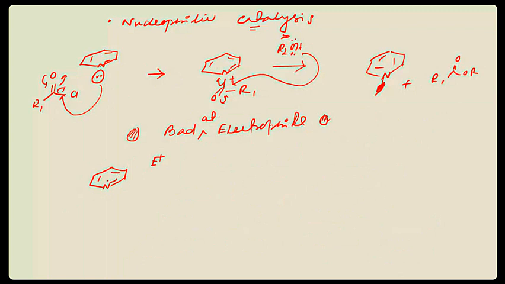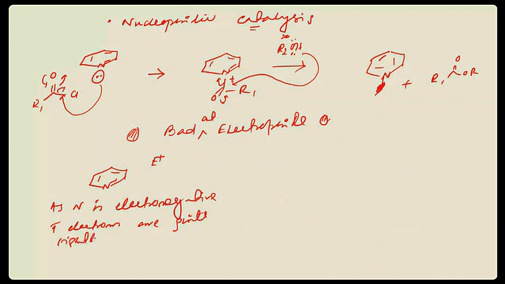As the nitrogen is electronegative, the pi electrons are quite tightly bound, so the electrophile cannot take out the electrons easily.